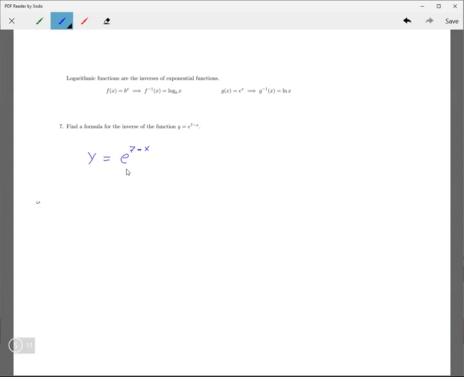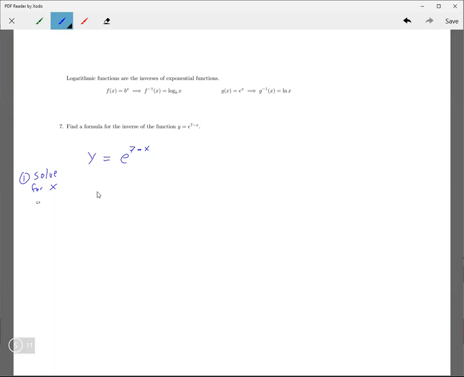The first thing that you're supposed to do is solve for x. So take this equation here. Now, sometimes it's not y equals that, but rather f of x equals that, and you're trying to find f inverse. Then you change that f to a y. And then the next step would be solve for y.